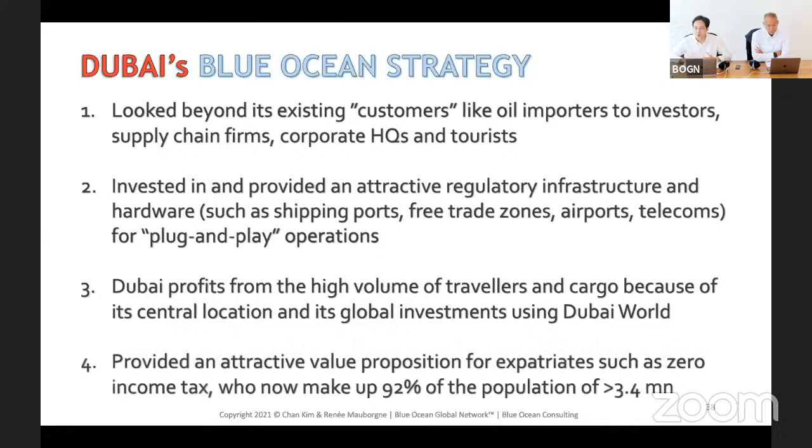And then, of course, the very attractive value proposition for expats, the zero income tax, has made Dubai one of the most cosmopolitan city centers in the world. Many of you know this, but the vast majority of Dubai residents, 92%, are non-Emirati. A lot of them are South Asian, British, Canadian, American.